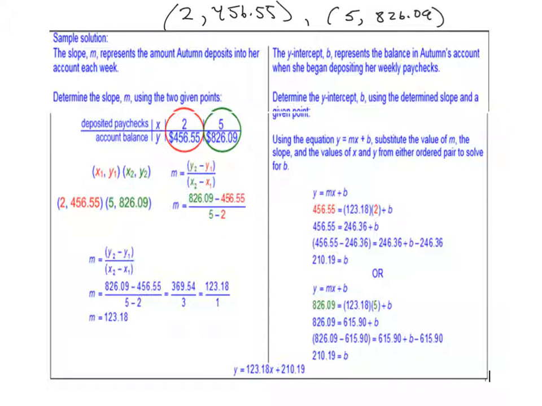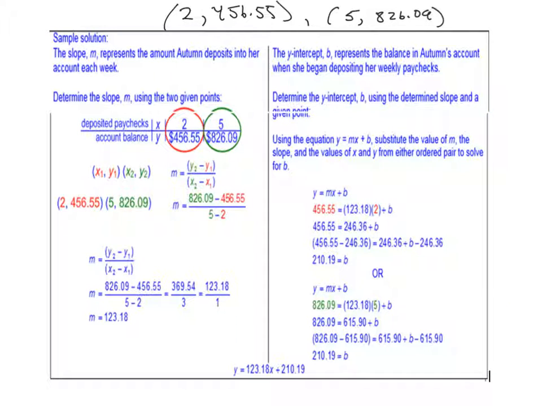Now, once we found slope, remember that's just the m part of the equation. We now need to find the b part, which is the y-intercept. So the b represents the balance in her account when she begins depositing her weekly paycheck. So determine the y-intercept using the slope and a given point.